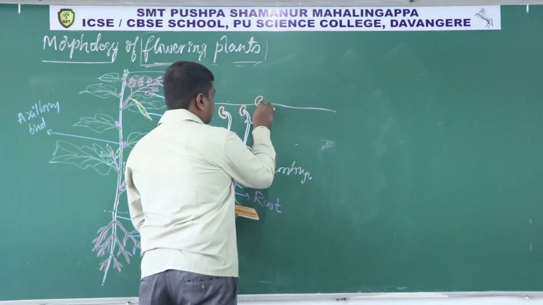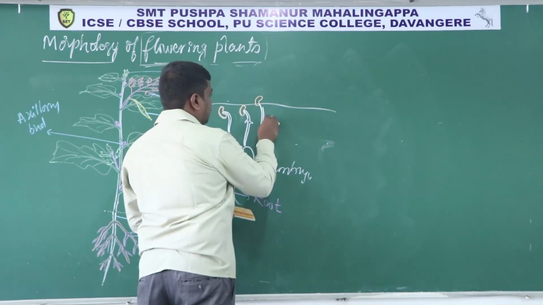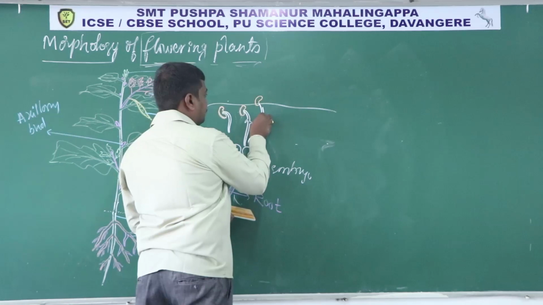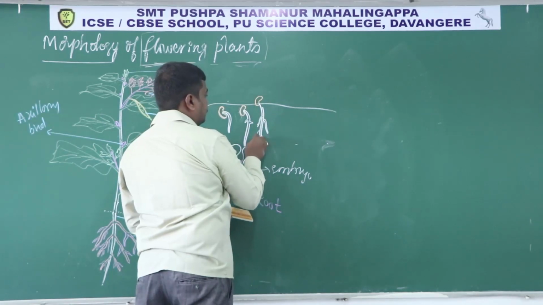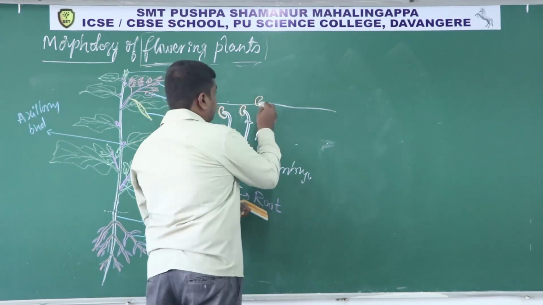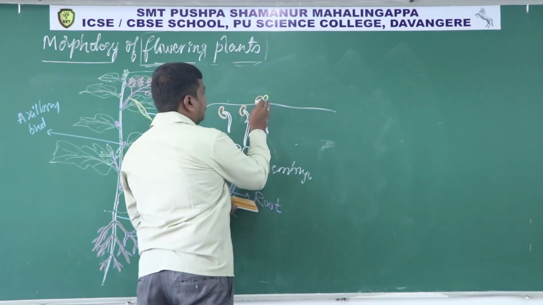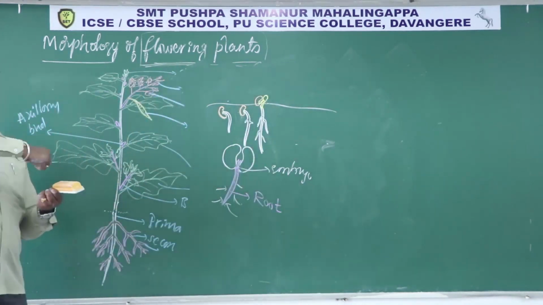So small branches have already formed. Then here you can observe a structure like this. A structure comes out like this.